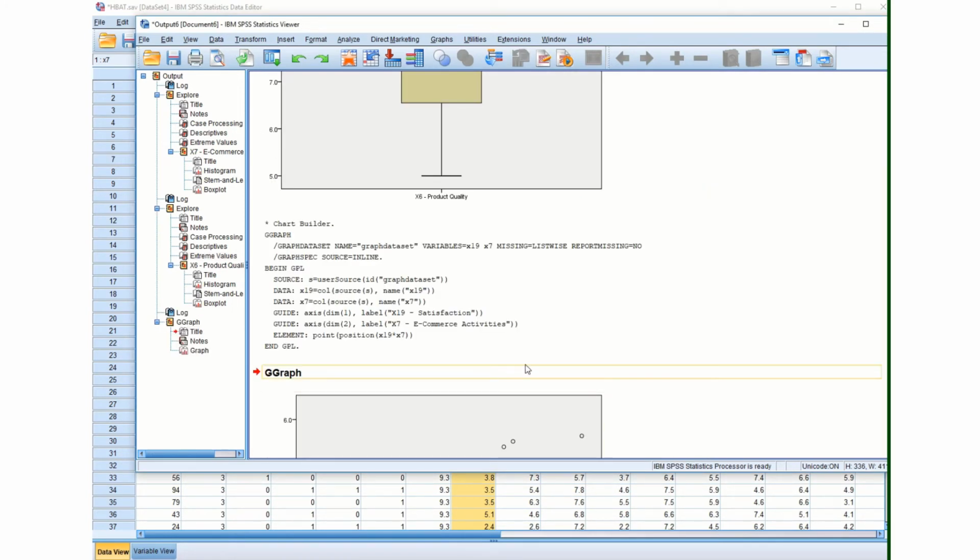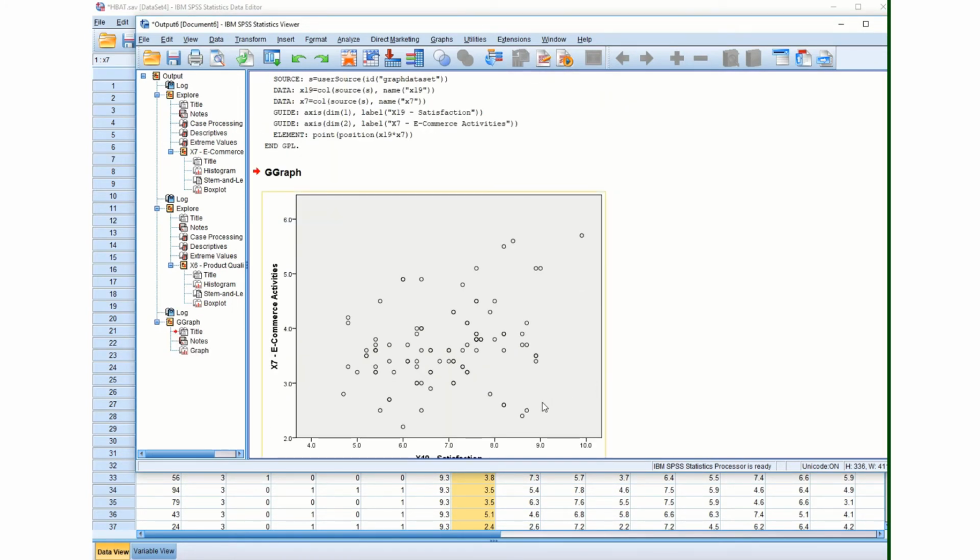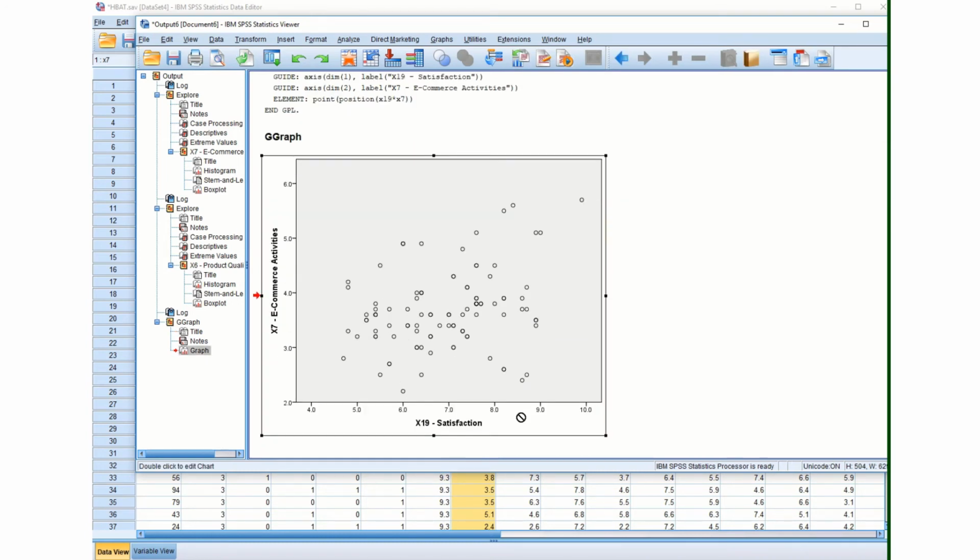If I do this scatter plot, I want to look for data points that are way outside of where a trend might occur. So this one here, these two here, I might be able to go in and find out what those observations are. I could try to identify that on a bivariate basis.